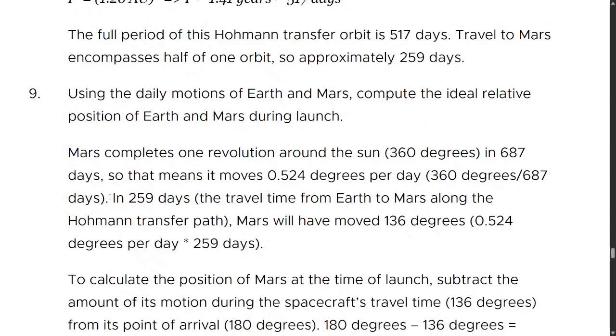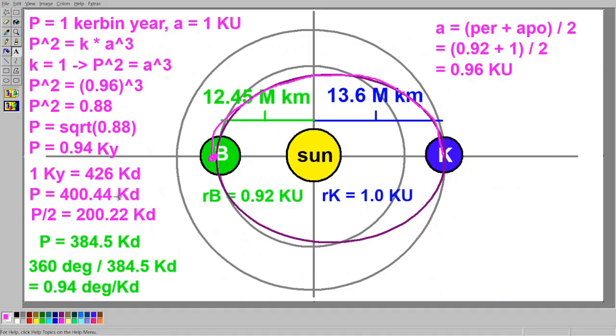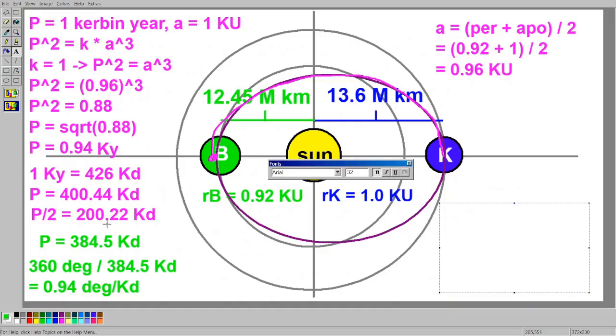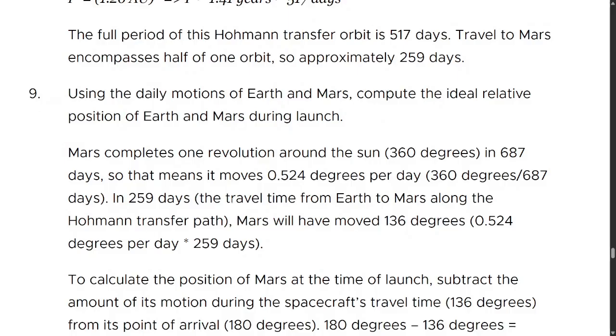Okay. So in how many days? In 200.22 Kerbal days. Okay, let's do that. So in 200.22 Kerbal days, Bill Kerman will have moved X degrees, right?